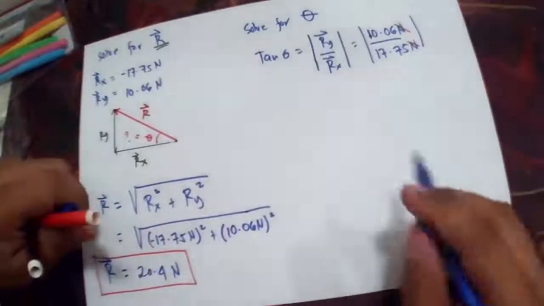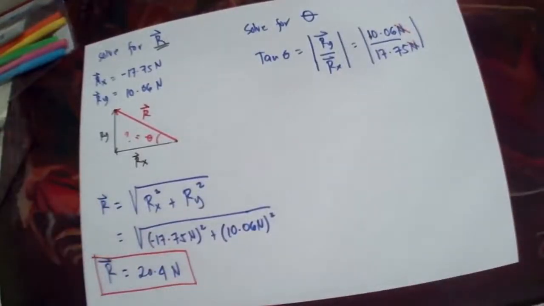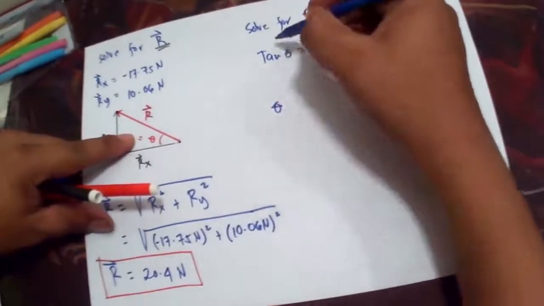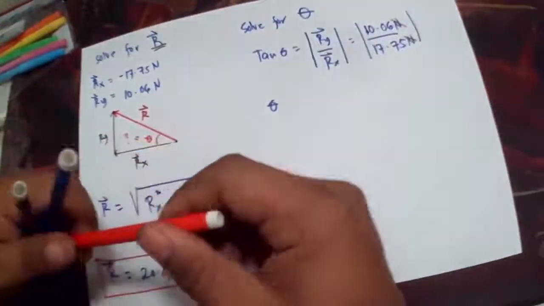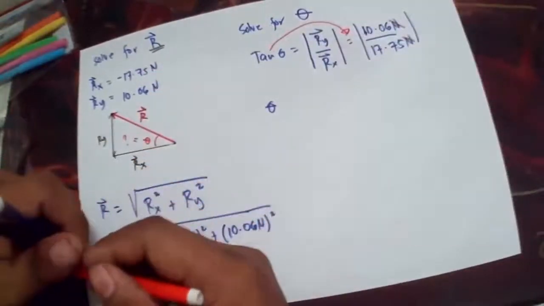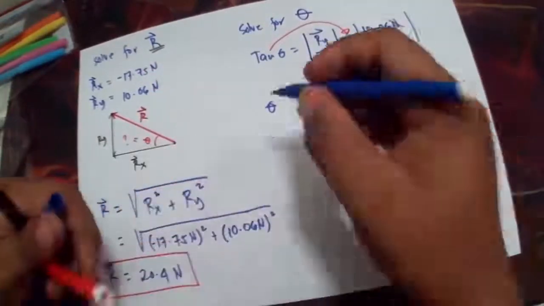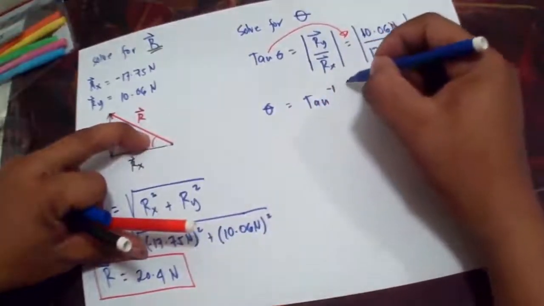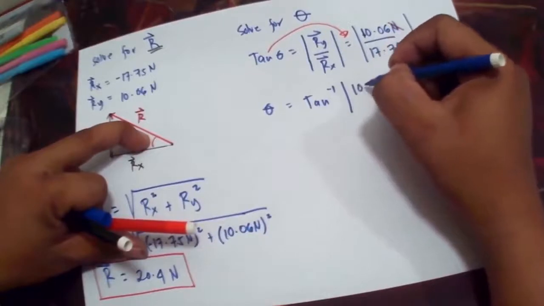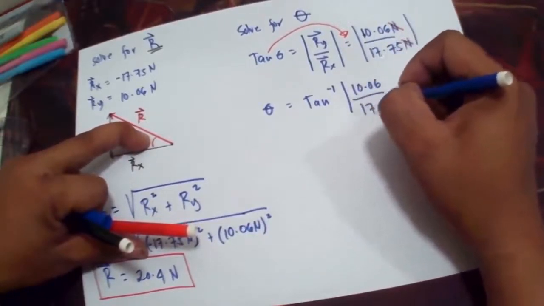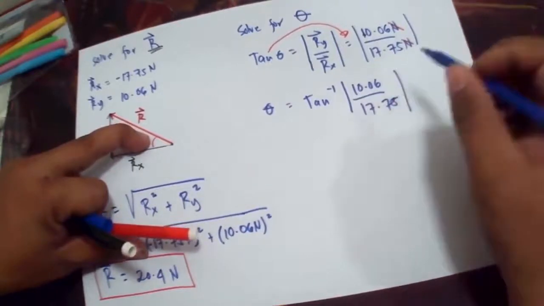And based on my computation, the equation becomes tangent theta; we transfer the tangent function to the other side. So this becomes theta equals inverse tangent of 10.06 over 17.75. Let's try to recheck first.